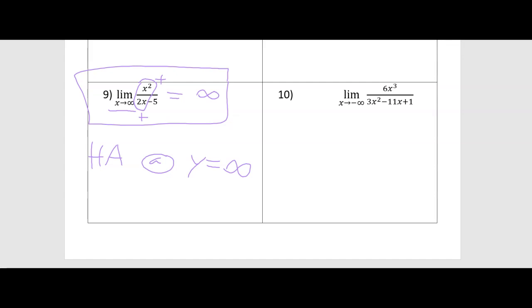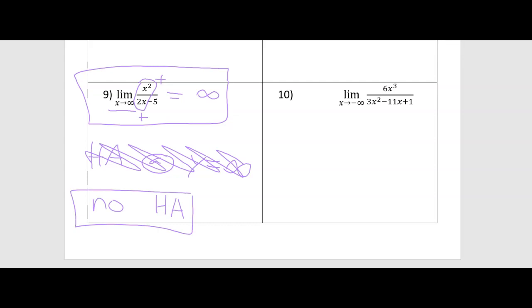And that's why we said in our justification that the horizontal asymptotes will occur as long as the answer to the limit is a real number. We had that asterisk that said a had to be a real number. So if our answer to a limit expression is infinity, there will not be a horizontal asymptote. So this would be incorrect. So there's no horizontal asymptote for this function.